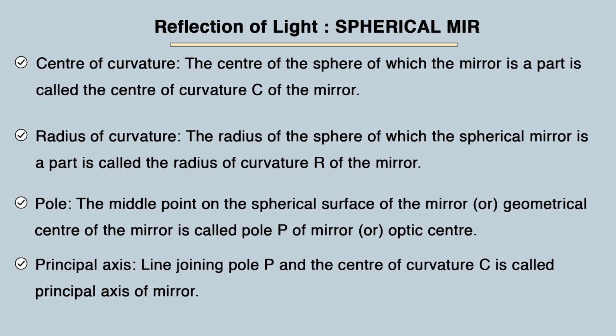The center of curvature is the center of the sphere of which the mirror is a part, and it is represented by C. The radius of curvature is the distance from the center to the boundary of that sphere, so the radius of the sphere of which the mirror is a part is called the radius of curvature R. The pole is the middle point on the spherical surface of the mirror, or the geometrical center of the mirror, and it is represented by capital P. The principal axis is the line joining the pole P and the center of curvature C.